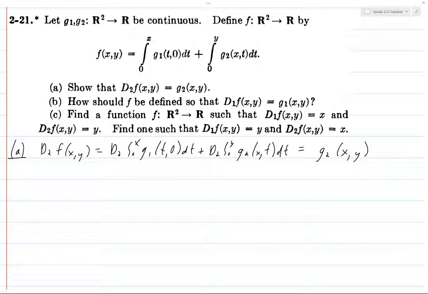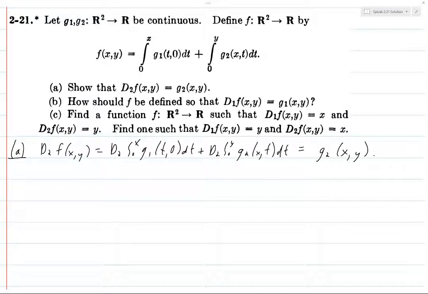It's cool to be able to do some of this stuff. But since we haven't technically learned it, this is not rigorously done, because you have to prove the fundamental theorem of calculus before you can use it. But anyways, this is something that I complain about a lot with this textbook, so I won't waste any more time on it. Okay, so how should f be defined so that d1 of f is g1?